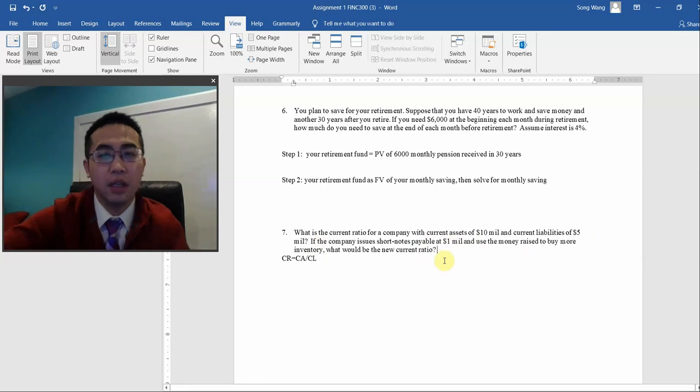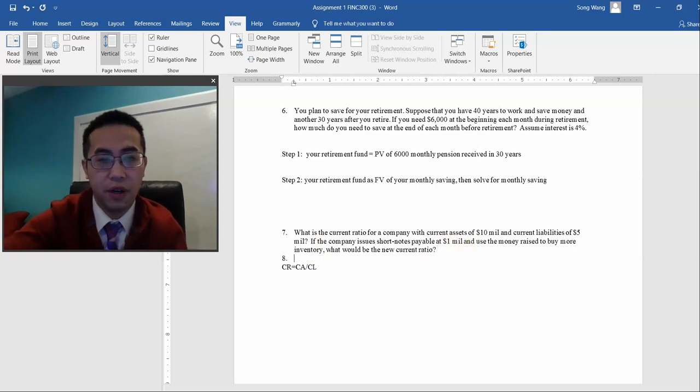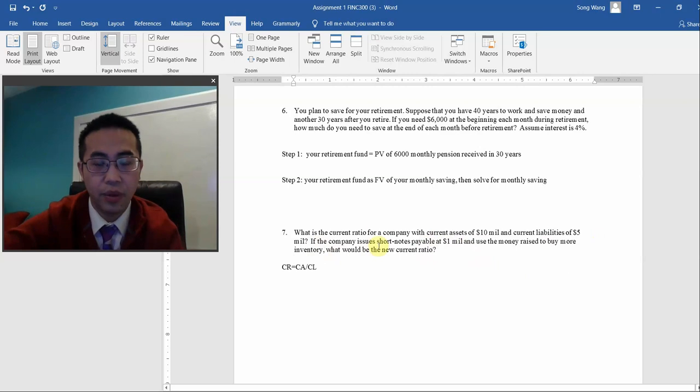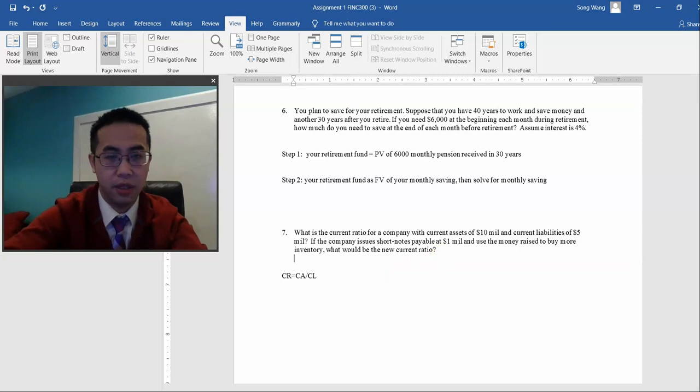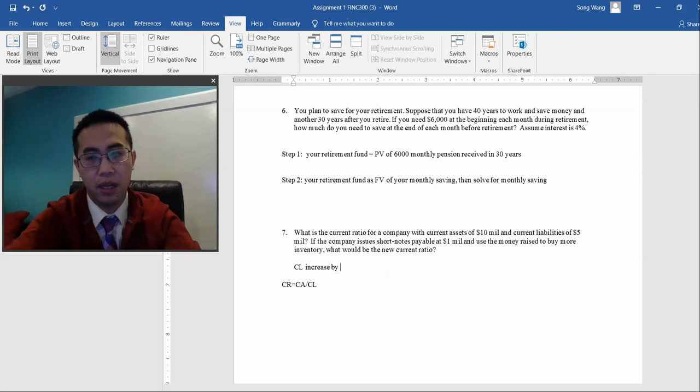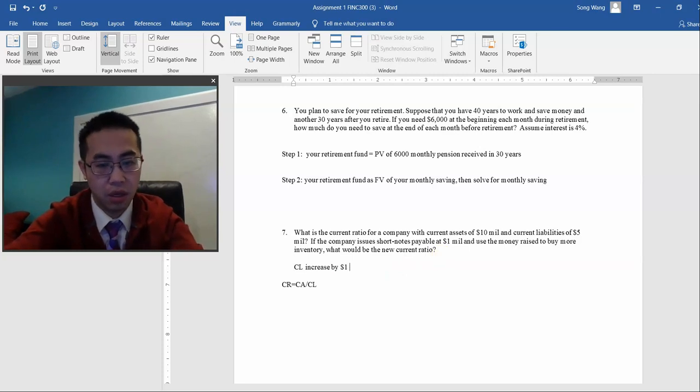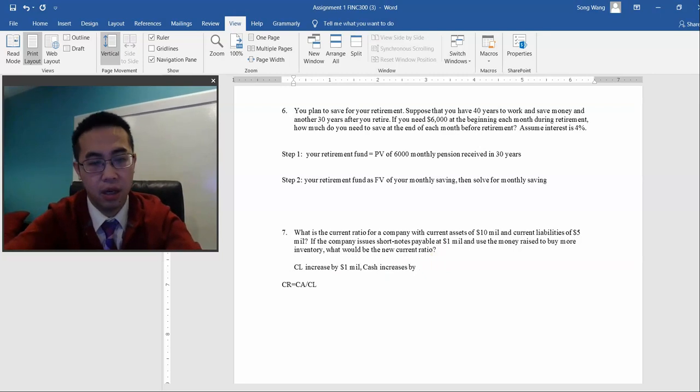Basically, if the firm uses the notes payable to gather cash, then your current liability would increase by $1 million. And at the same time, your cash would increase by $1 million.